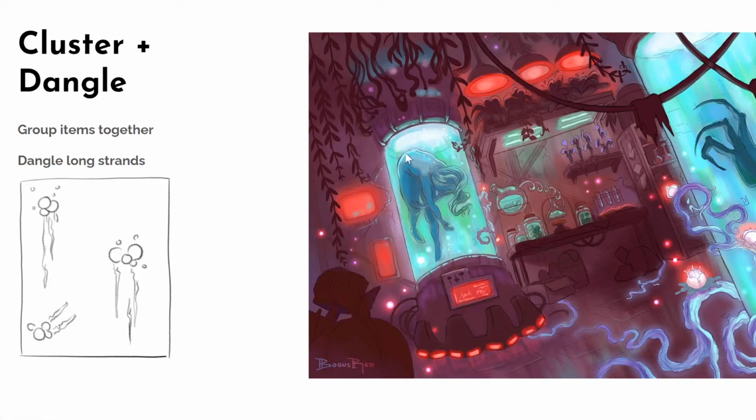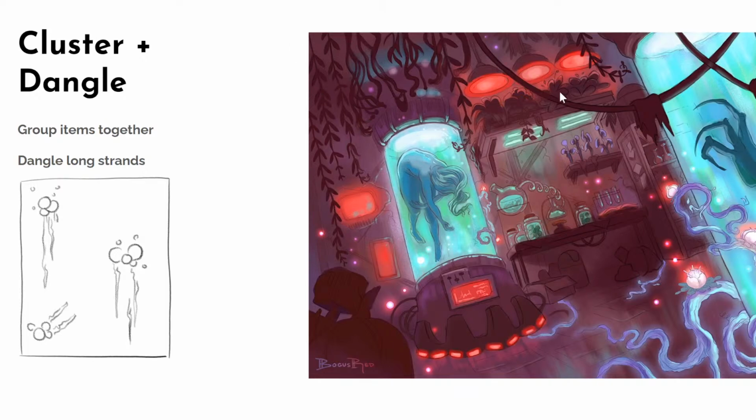So you can see in this piece on the right, I have a laboratory, right? And I've grouped together all this lab equipment. I've clustered them together here in the center of the piece. And then I also have dangly bits of foliage dangling from the top of the piece.